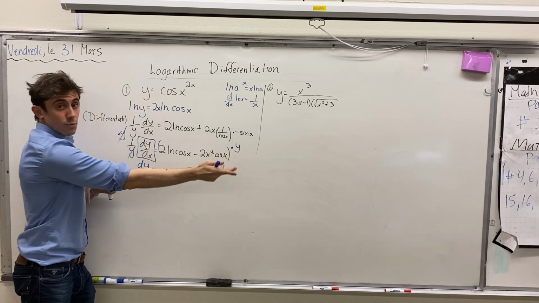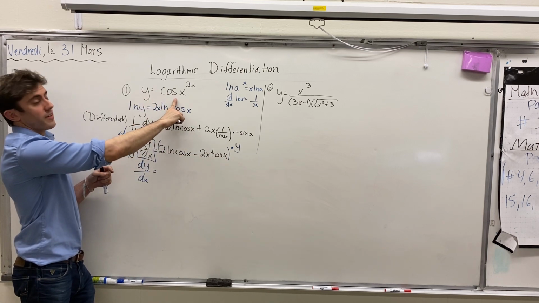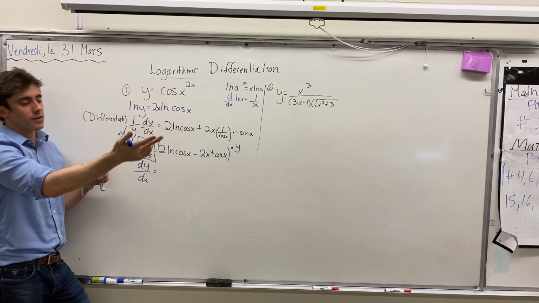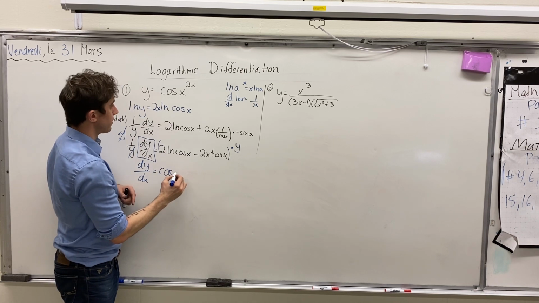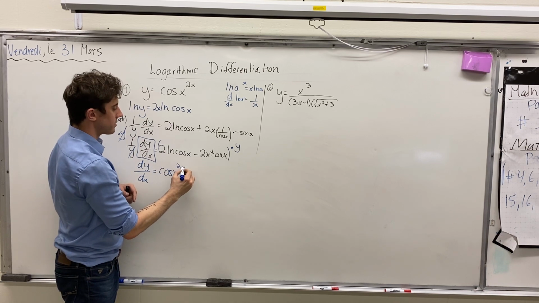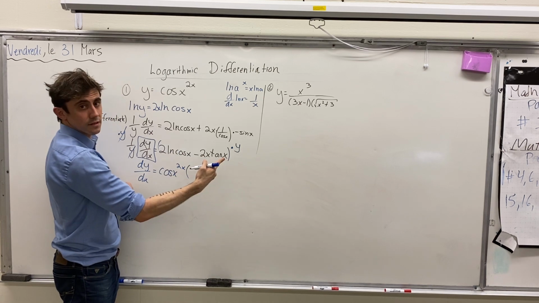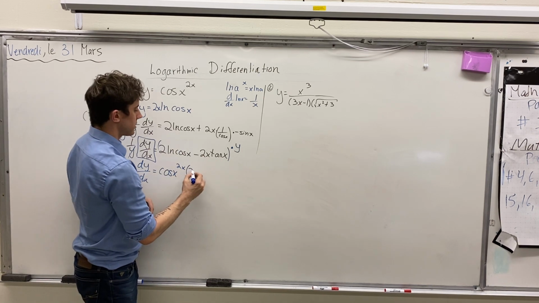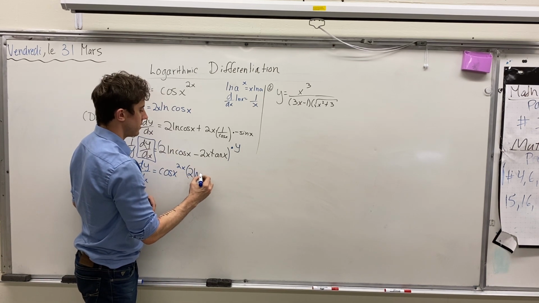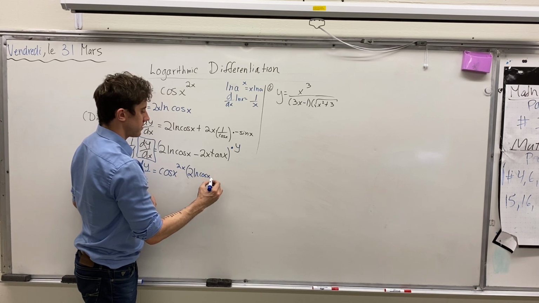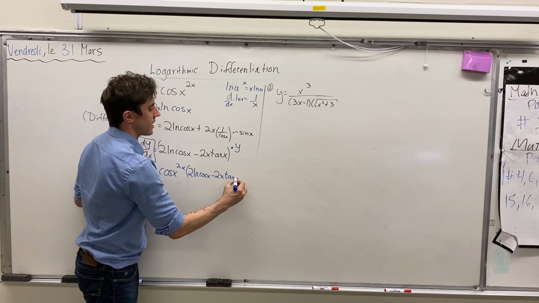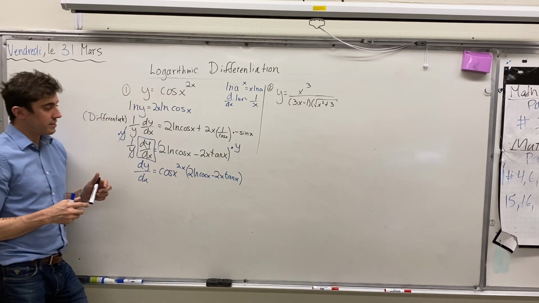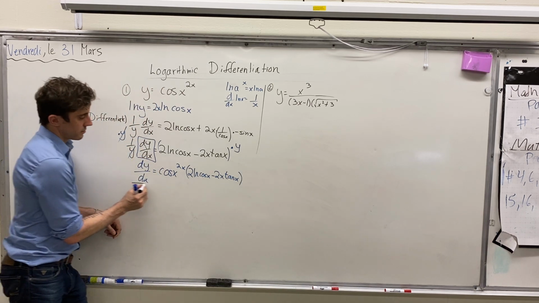Rather than just leaving it as y, we can write y in terms of x, thanks to our original function. And so we'll have cos x to the power of 2x times what we have here. So times 2 times the ln of cos x minus 2 times x times tan x. And here is our solution, okay?